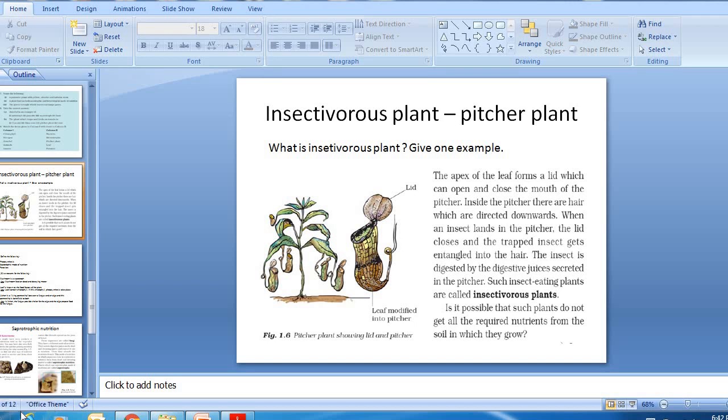This is the portion of chapter 1. Till yesterday we were learning chapter 2. Chapter 1 was already finished.